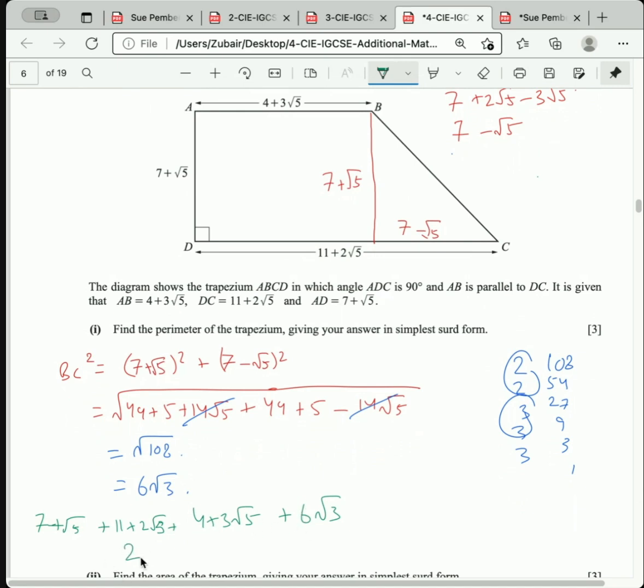No, only the first three: 7, 11 and 4. The 3 integers sum to 22. And then root 5, root 5, root 5: 1, 2, 3 and 6, so 6 root 5 plus 6 root 3. And this is the perimeter.